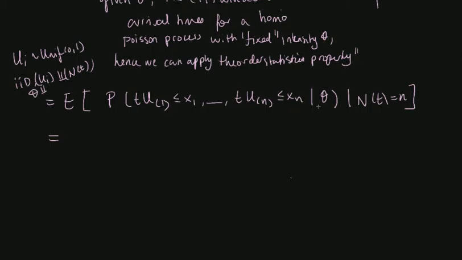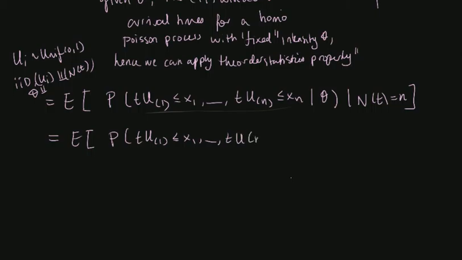So conditioning on theta doesn't make any difference for the probability distribution of whatever I have in here, right? So I can remove the condition on theta due to independence.